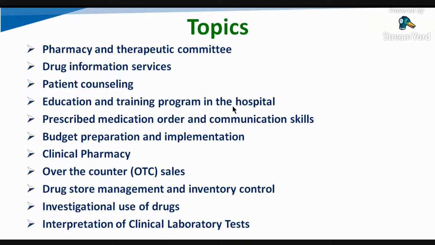So such type of training should be provided in hospitals also, and the pharmacists should also take the particular training. As a part of that, in our college also we are doing the refresher course.